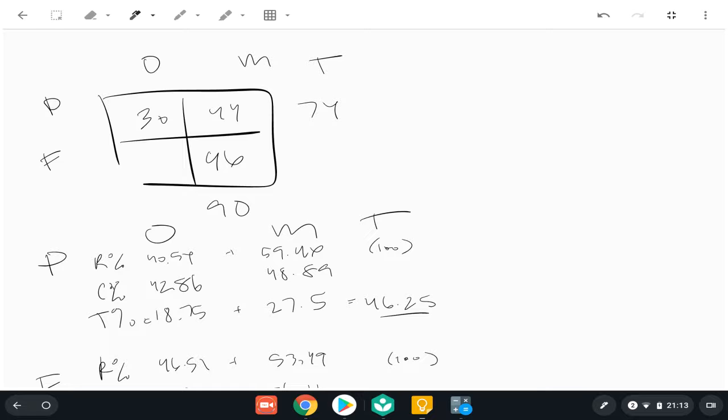So the row percentages relate to that. Then 30 in relation to its column is this one, 42.86. So 30 over 0.4286 equals the column total.